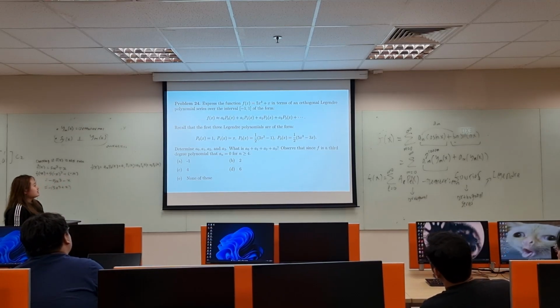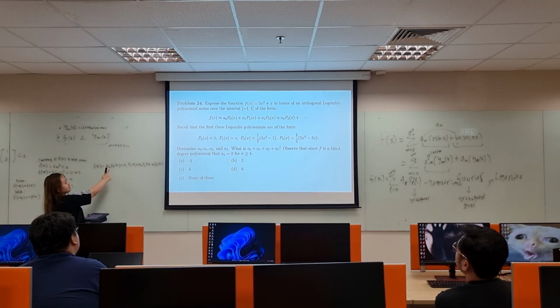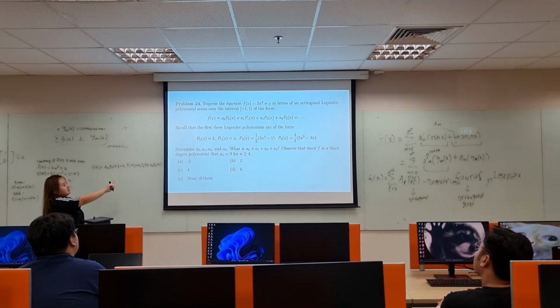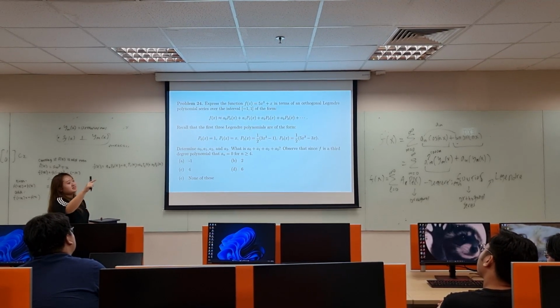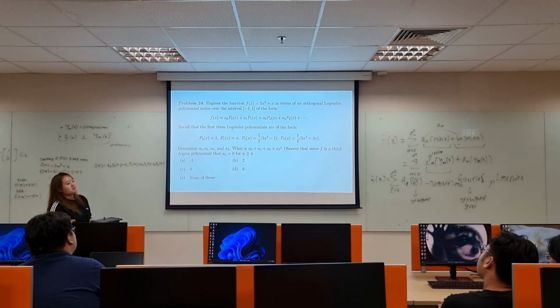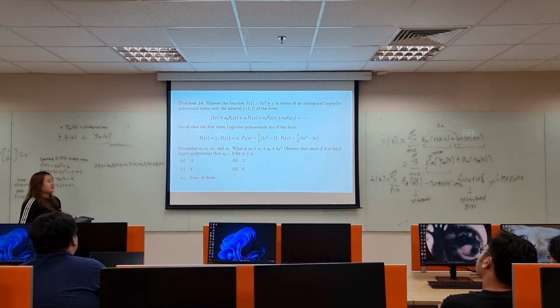Realize that for p0, there is no x, so it's only 1. For p1, there's just x. For p2, there's x squared. For p3, there's x cubed, and the pattern will always go like that.